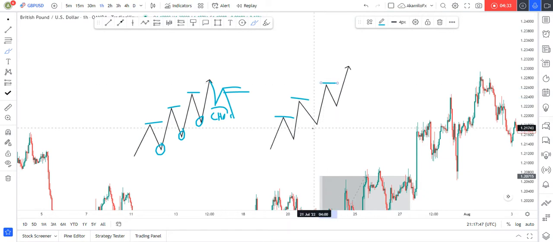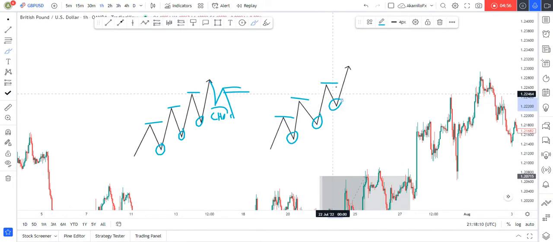Guys, if you want me to talk about major liquidity and minor liquidity, please put it in the comment section below. Now you can see that price is also respecting our higher lows, which is our strong low. So these are our strong lows.